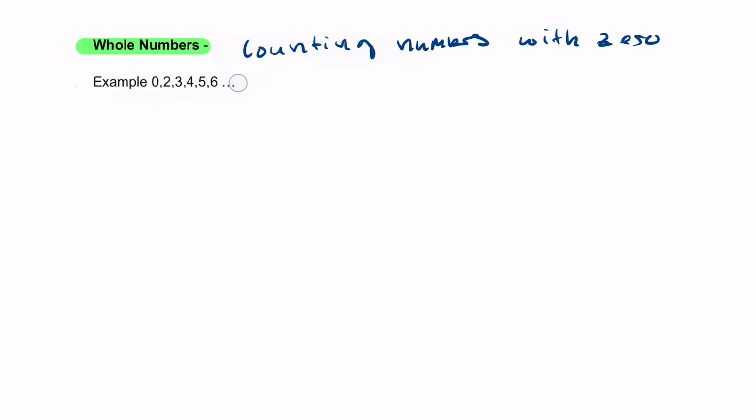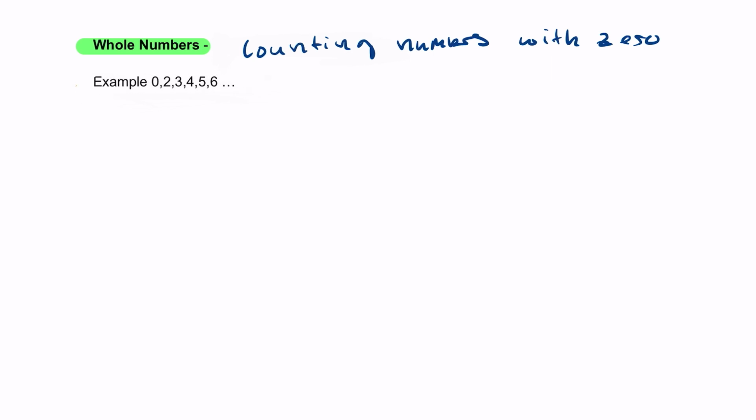When they say whole numbers, it's usually counting numbers with zero. For example, it could be any number from 0 and so on.